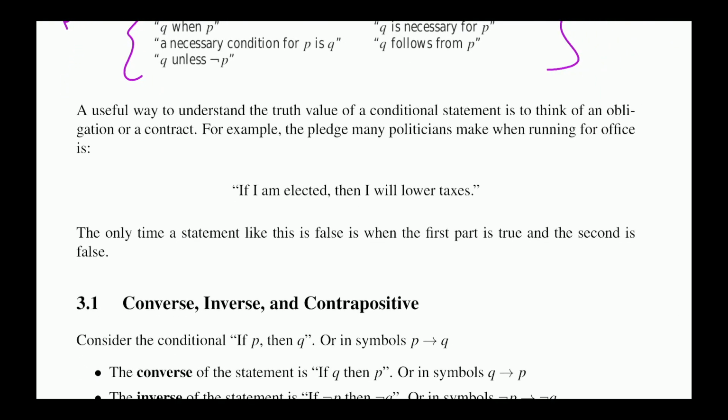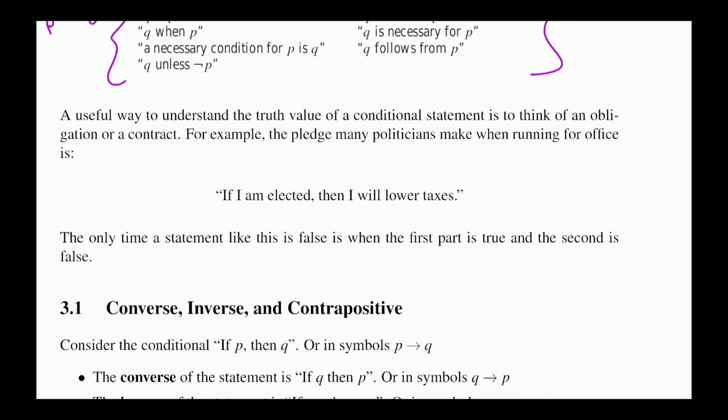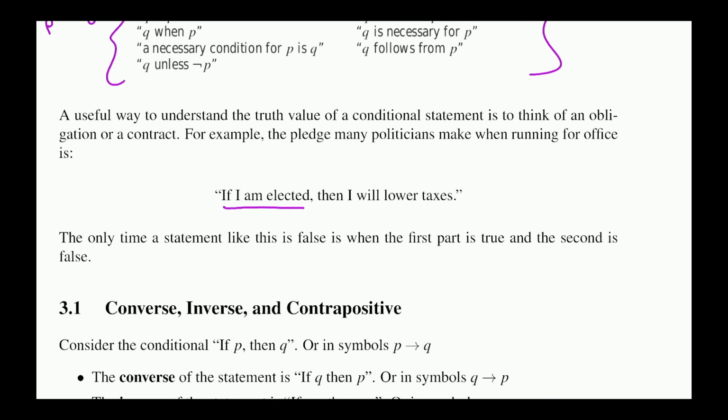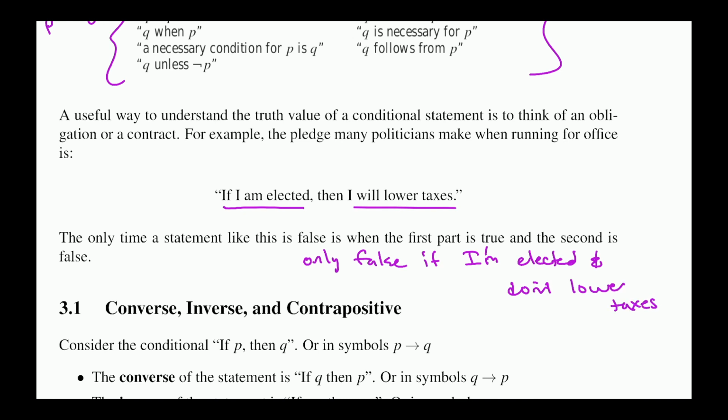Yeah, okay. So conditional statements is to think of them as a contract. So if you say, if I'm elected, I will lower taxes, right? The only time it's false is if I'm elected and don't lower taxes, right?